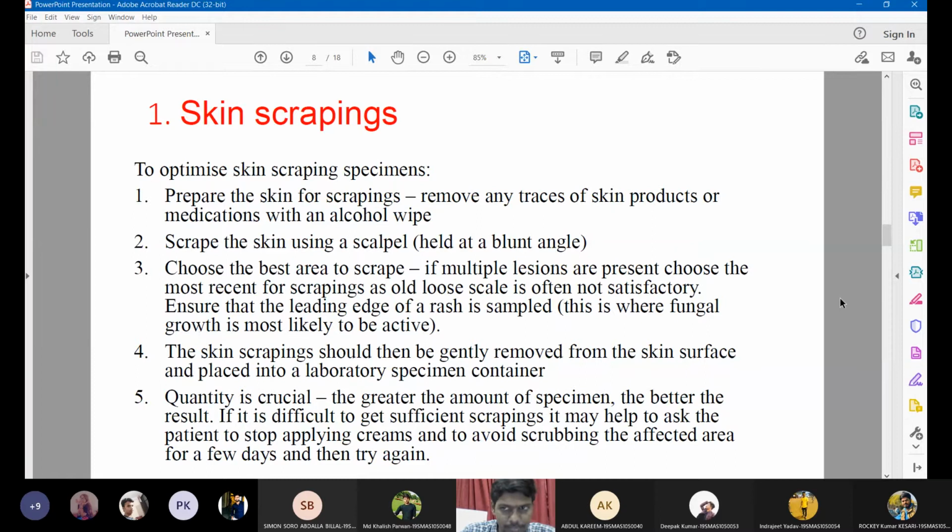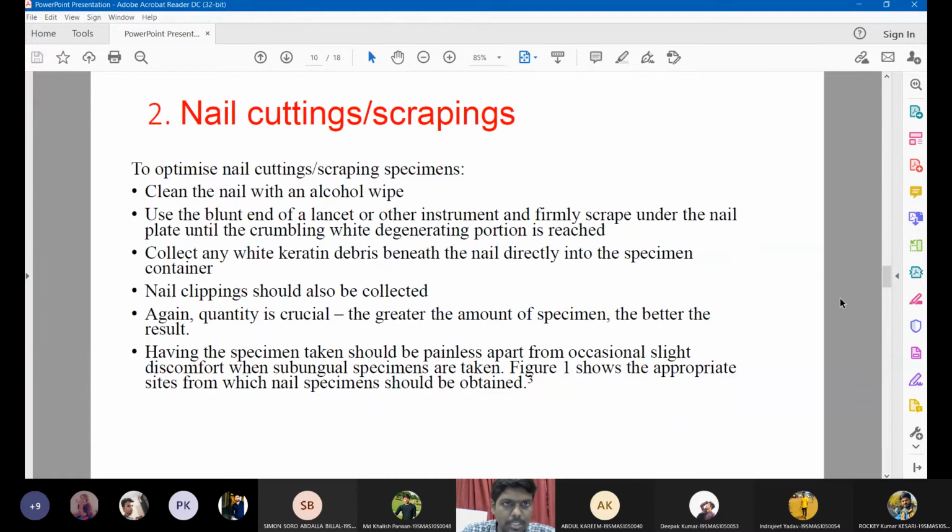So the next sample is nail cuttings and scrapings, obviously for detection of dermatophytic infections. So here, just like the skin sample, we will first wipe the nails.